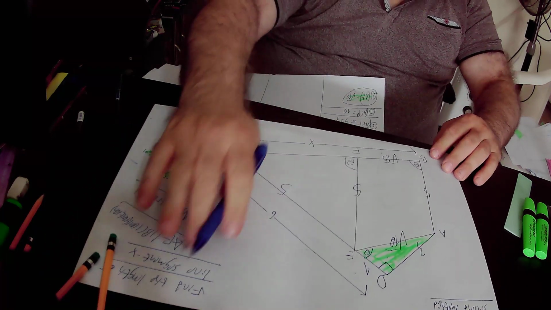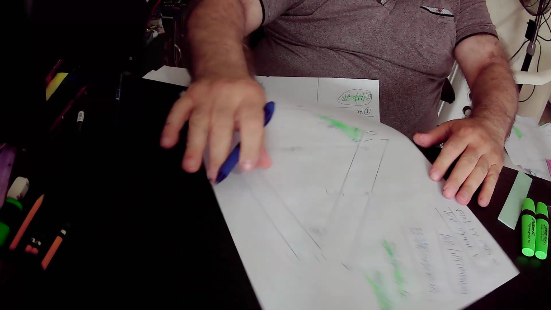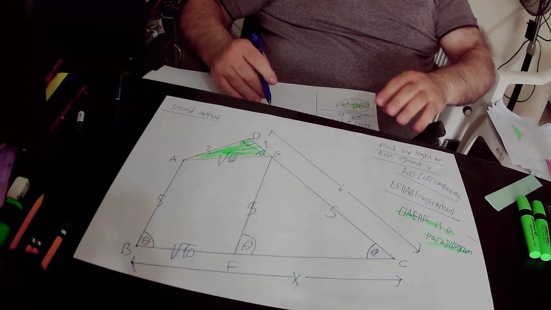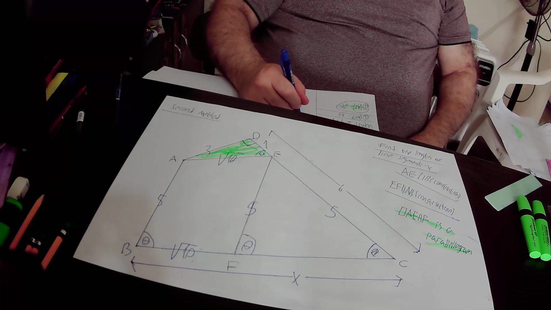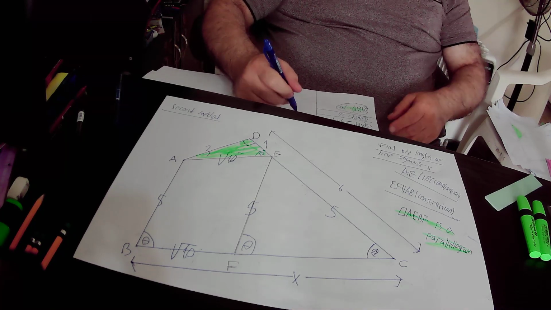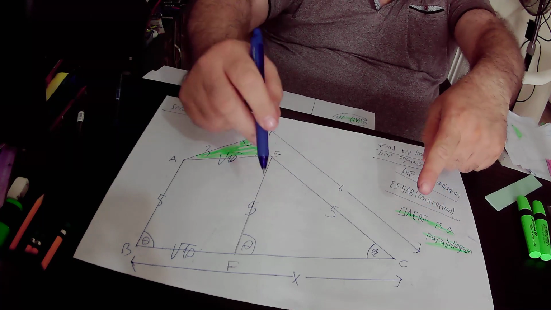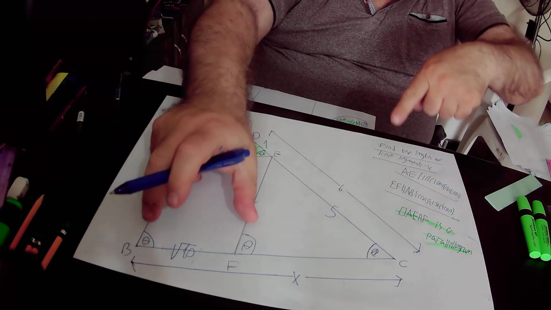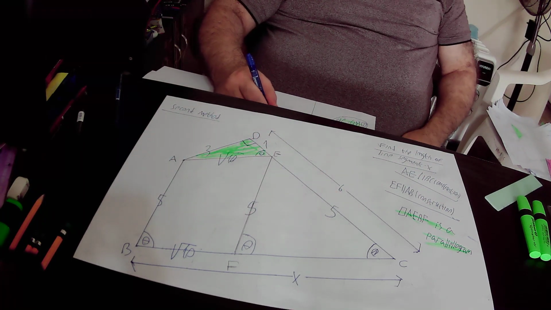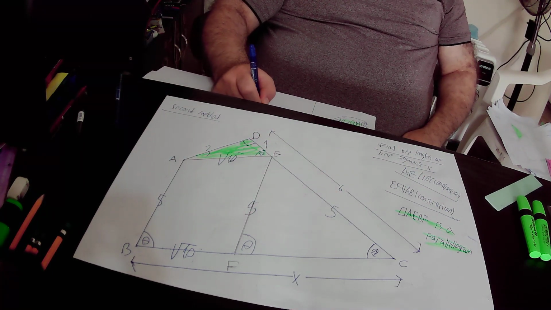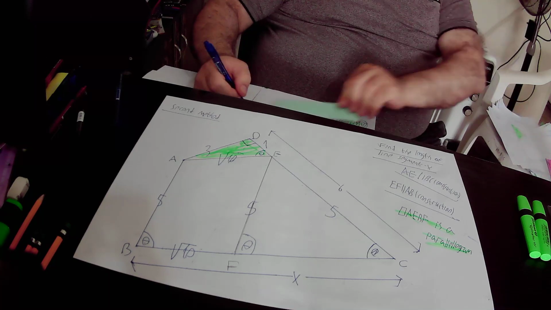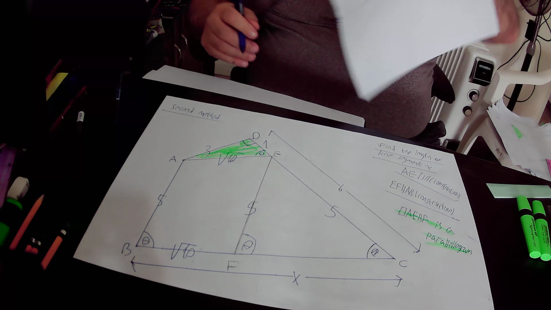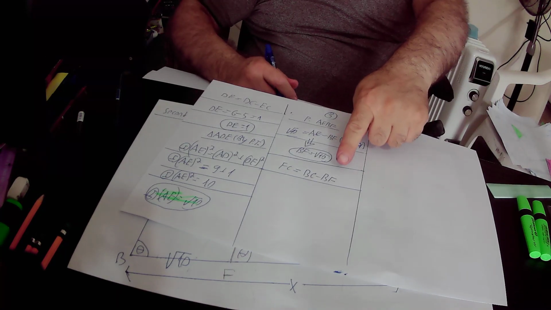So what is the length of side FC? From the drawing, it is very easy to see that FC equals BC minus BF.